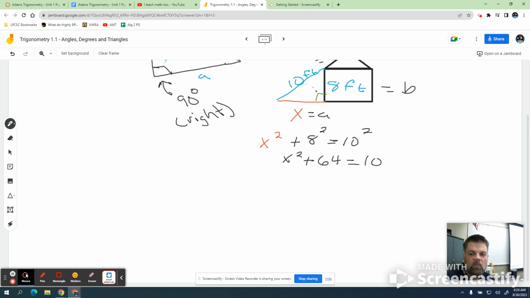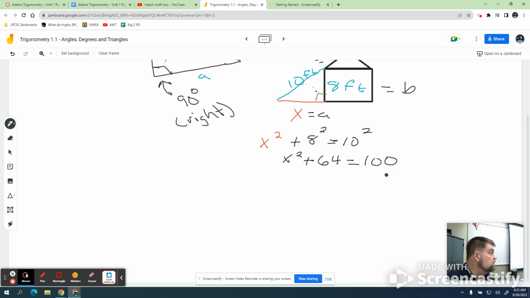How do I get x by itself? Yeah. So you guys said minus 64, but for those of you that were like, the algebra part, I don't quite remember. What is the 64 doing to the x in this line as you see it? It's adding, right? It's x squared plus 64.